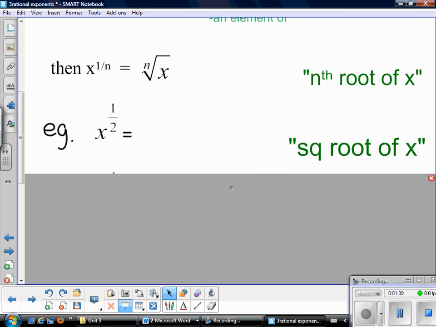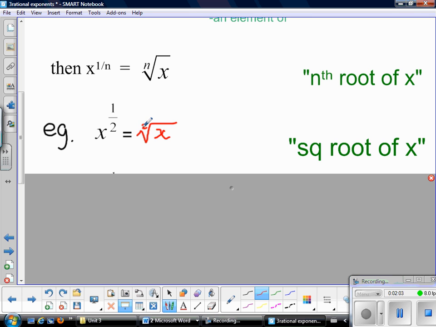Now, you're saying to me, hey, hold on, that's not the square root of x. If anyone ever watches me when I'm doing calculator work, when I'm finding the square root, I often put it to the power of 0.5 because I find it easier than finding the square root button. Okay, so this is what happens.